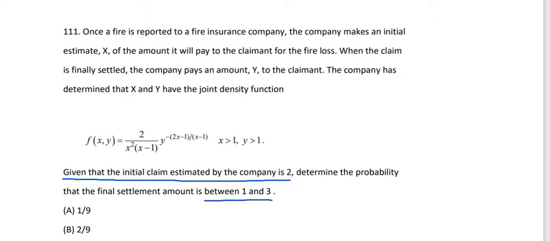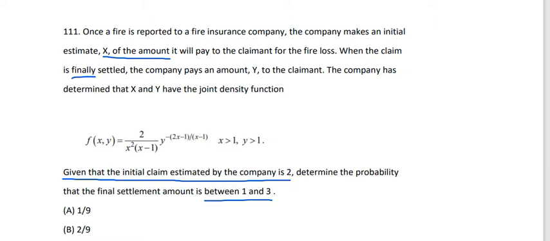So let's say x is the amount it will pay, right? And what is y?